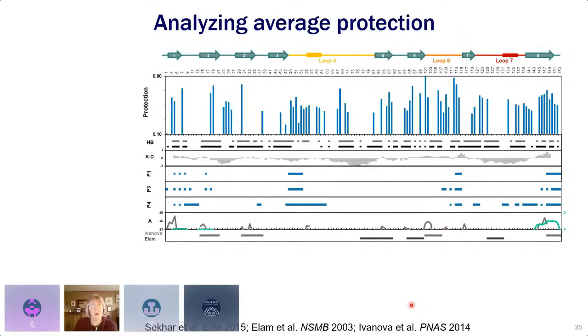So we looked at this hard, and I'm not going to take you through all of this, but I'll highlight a few things. So here at the bottom is a study by Ivanova in the Eisenberg group, where they looked at peptides shown here in gray, which are in strands 2, 3, and loop 6, and the C terminus, and they found that they made amyloid. And so they make these steric zippers.